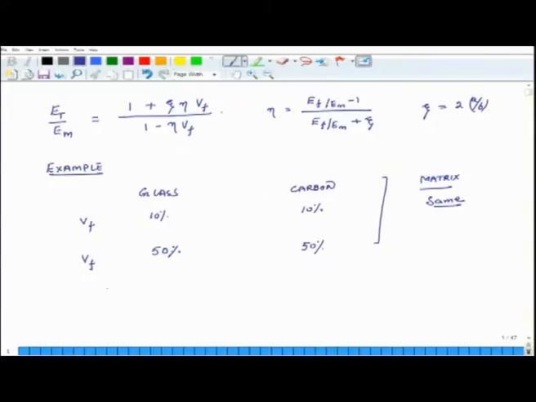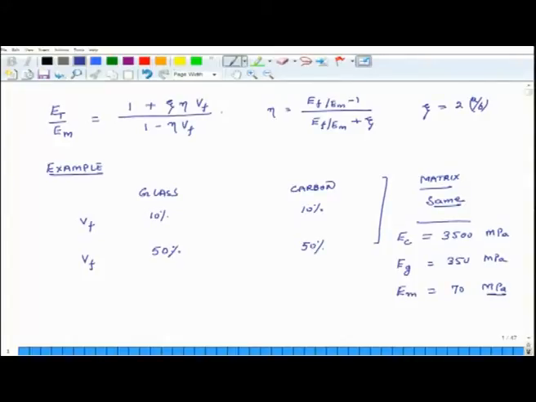The representative properties of the different materials are as follows. Young's modulus of graphite fiber, we say, is 3500 MPa. For glass it is 350 MPa, and the matrix is the softest matrix, about 70 MPa.